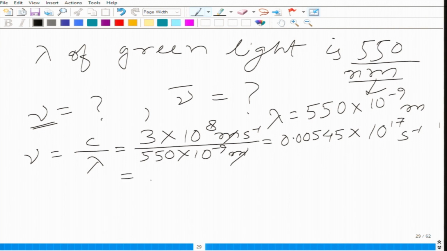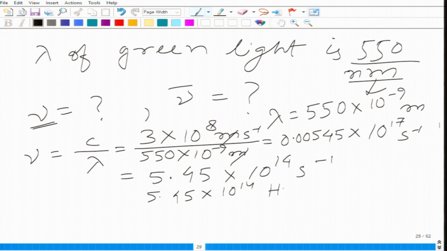If we write it properly, then it is 5.45 into 10 to the power 14 second inverse. That is, we can write it as 5.45 into 10 to the power 14 hertz. Generally hertz is written, so we will write in hertz.